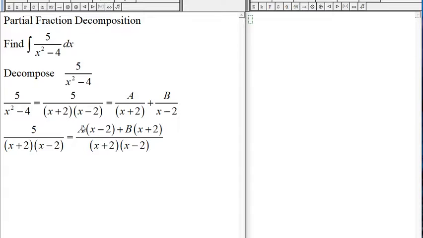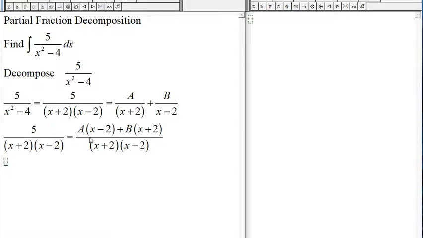And we can see that if we take the first part right here and divide it by the denominator, then what's left is a divided by x plus 2. And if we take this part and divide it by the denominator, then what's left is b dividing by x minus 2. So again, if you have two fractions, we can combine them by cross multiplication: a times x minus 2 plus b times x plus 2, and then dividing by the product of the two denominators.